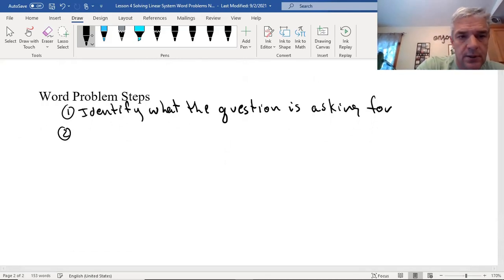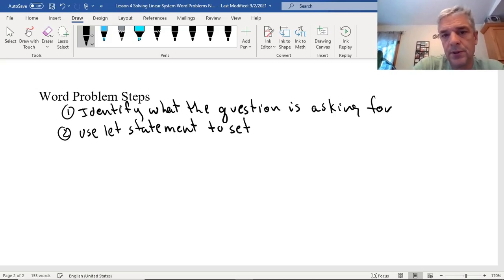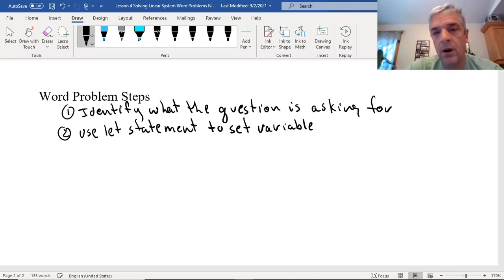So I'm going to say use let statements to set variables. And we use different variables, X and Y. We use K and R, and we use different ones, okay?